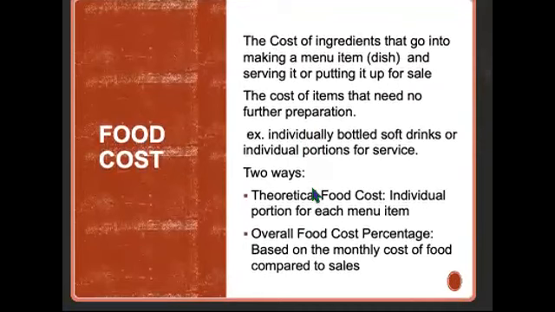So the cost of the ingredients that go into making a menu item or your dish, also in serving it or putting it up for sale depends a lot on food cost. The cost of the items that you also need to know for the preparation, like sauces or even salads, also need to be accounted for.